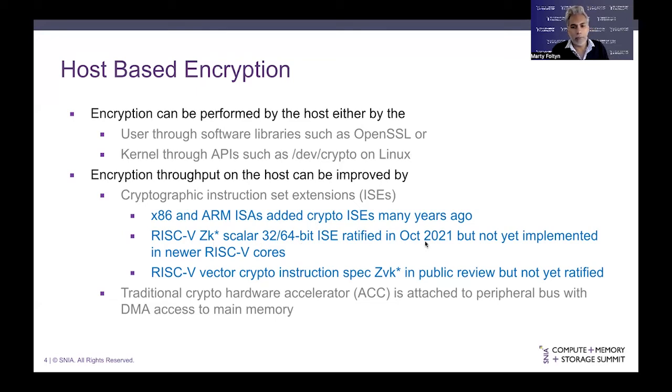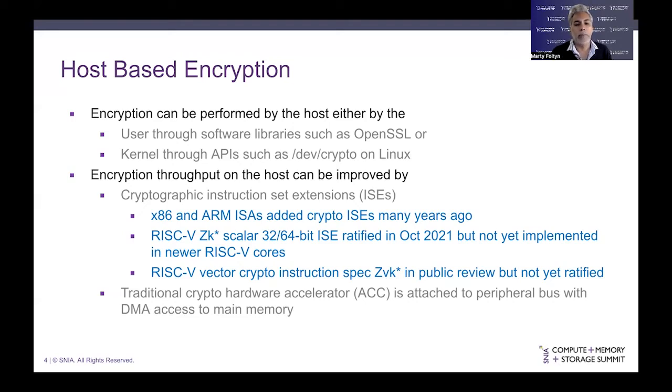They were ratified in October 2021, but because they were so recent, they may not be available in silicon for the RISC-V cores. The RISC-V Foundation is also working on vector crypto instructions, ZVK star. These are in public review, but not yet ratified.